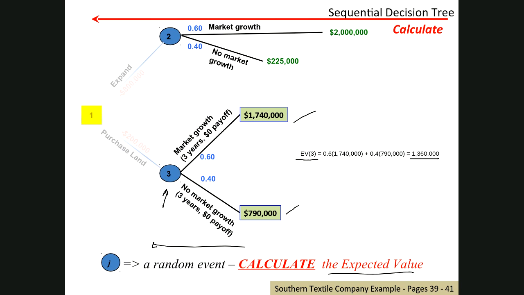Well, we're at a similar point now. We calculate the expected value for location 2, and again, hopefully, you'll get the feel for this. The expected value at location 2 is going to be 0.6 times 2 million plus 0.4 times 225,000, which is the return if there's no market growth.